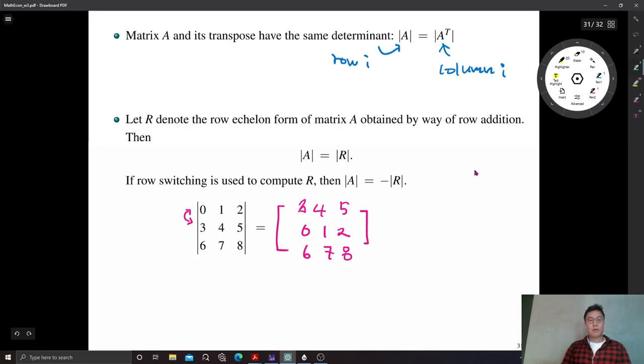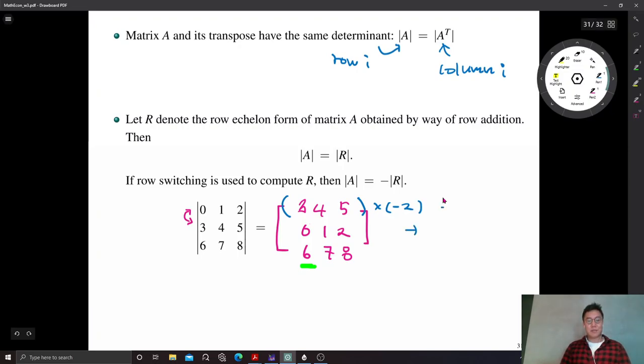And in order to transform into row echelon form, we have to kill this number 6, right? Because the last row must have the largest number of leading zeros, but the second row already has one leading zero, so we have to eliminate this number 6. And how to do that? Because we have a 3 in the first row, multiply by -2 and add it to the last row, then we can kill this number 6.